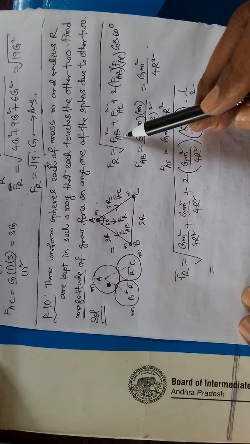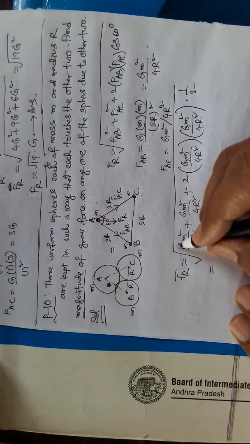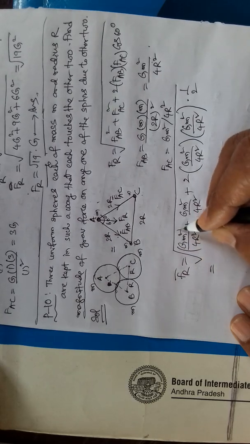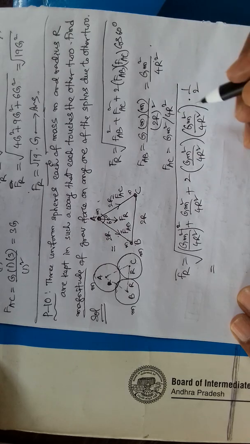So here FAB square, this must be squared, plus FAC square.